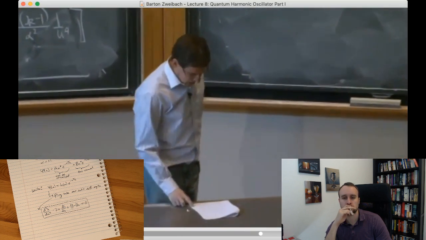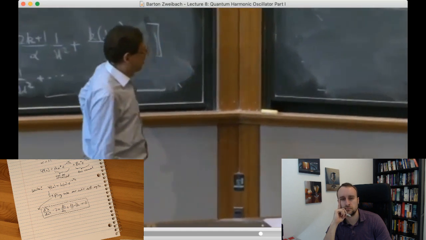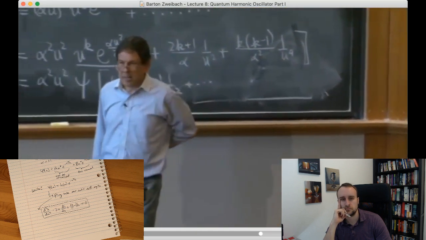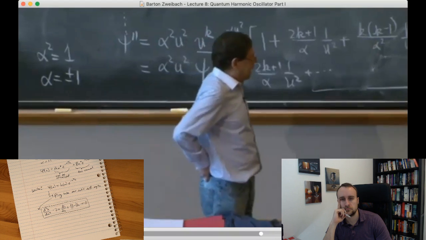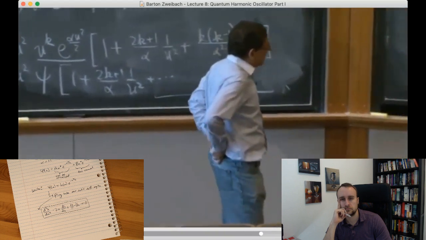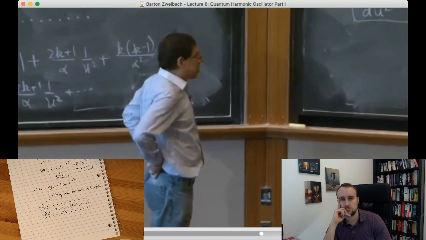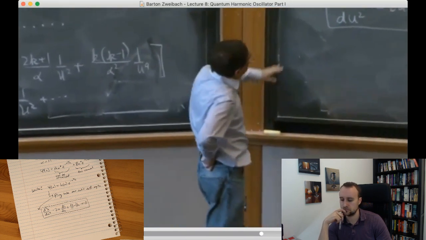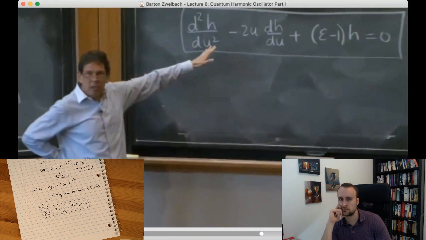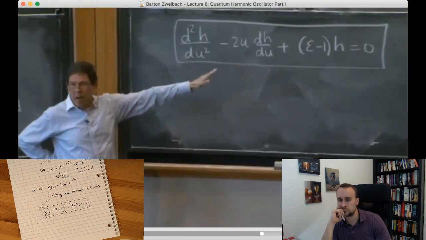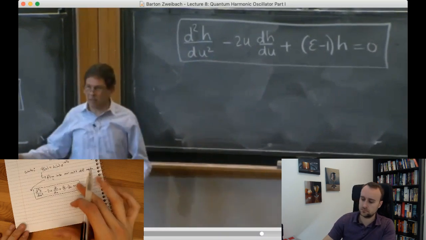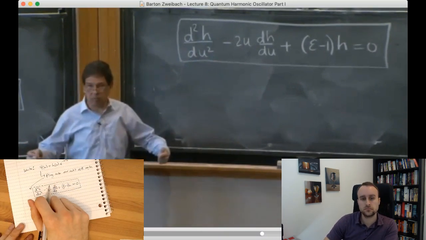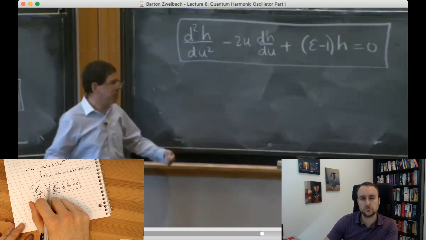Okay, so how does one solve this equation? Well, it's not a trivial equation, but it can be solved by polynomials, and we'll see that. The way we solve this equation is by a power series expansion. Now, you could do it by hand first, and I did it when I was preparing the lecture yesterday.